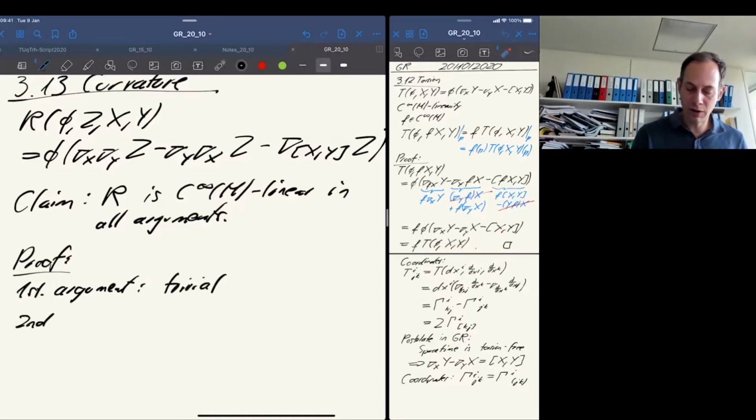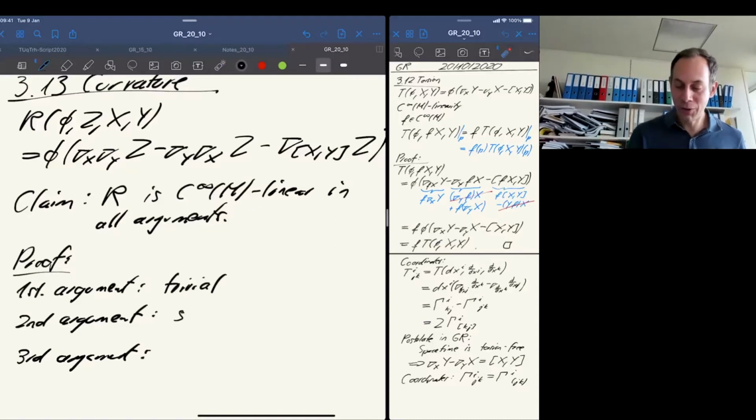In the second argument, we have to do it. Okay, maybe it's actually better if I show it for the third argument, because it will have a larger effect. If I prove it in the third, it will also prove it in the fourth, because again, we have a symmetry between the third and fourth.